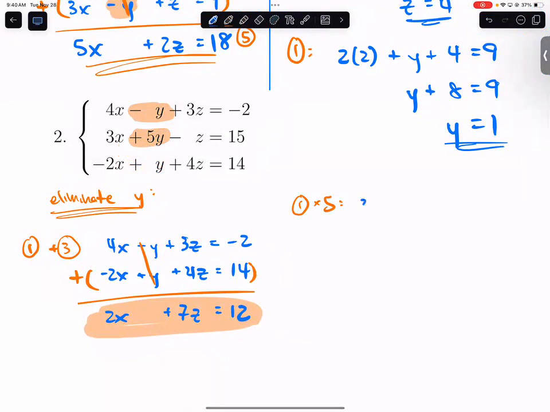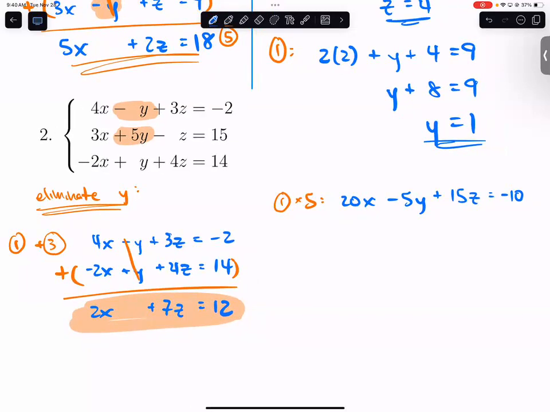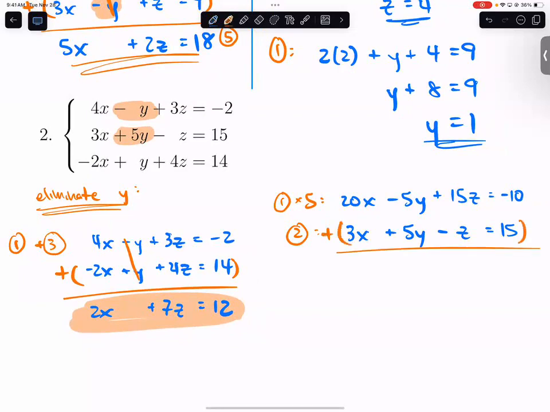So 5 times 4x minus 5 times y, 5 times 3z, 5 times negative 2. And then I'm just going to copy the second equation down. And then I've got 5y and negative 5y, so I'm going to add so that those drop out.